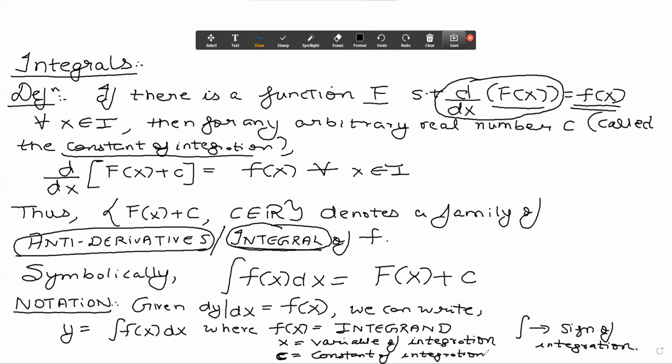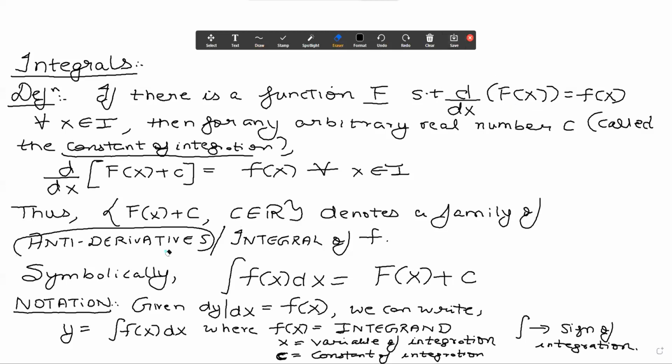So I hope all students have understood the lecture till now. So if I quickly revise, there are two functions, small f of x, capital F of x. If you integrate small f of x, you will get capital F of x.